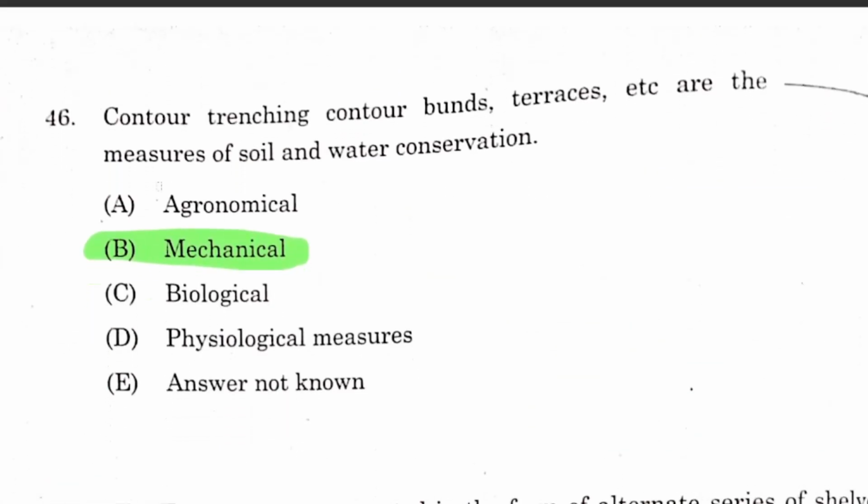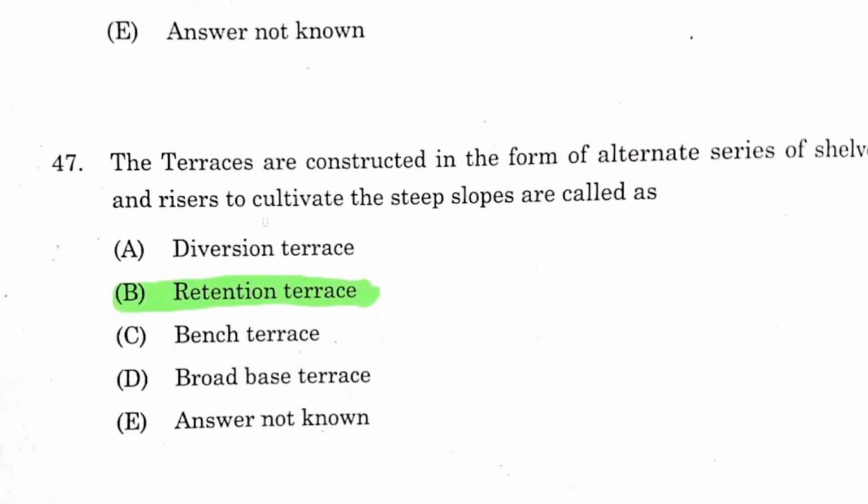Next question is 46. Contour trenching, contour bunds, terraces, etc. are the dash measure of the soil and water conservation. So that is mechanical measure for conservation of soil and water. Next question is 47.